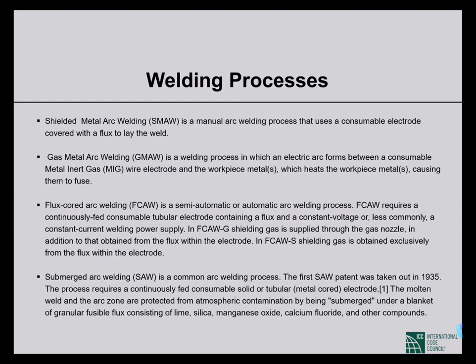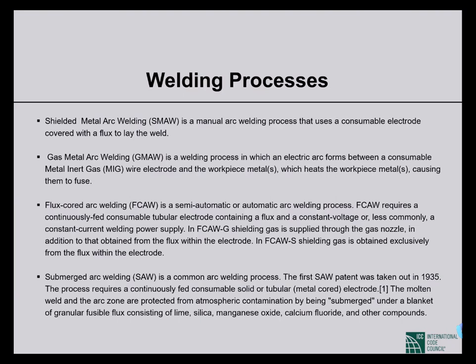There can be two types of shielding. One is FCAW-G, another is FCAW-S. In FCAW-G, the shielding gas is supplied through a gas nozzle, and in FCAW-S, shielding gas is obtained exclusively from the flux. It comes from the flux.